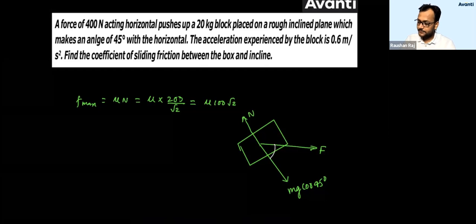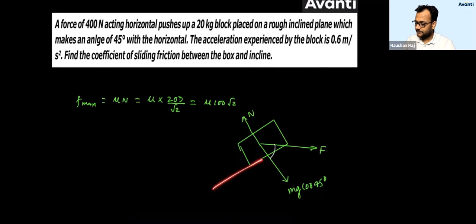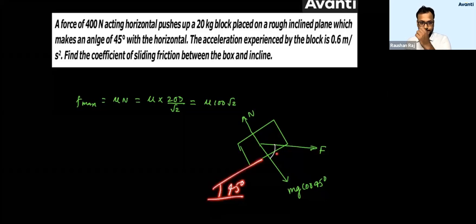Come on guys, give me the answer. If the angle of incline is 45, what will be this angle? Are you sure 45? 90 minus 45, 45 only. If the angle of incline is theta, the angle between horizontal and perpendicular will be 90 minus theta. But here it is 45, so I get 45 degrees.